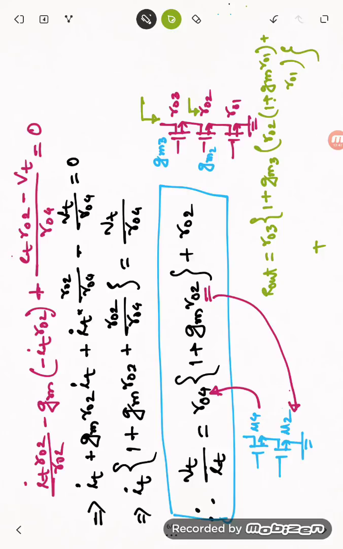Your bottom resistance is simply this one, so I can write it down: R02 times 1 plus gm2 R01, plus R01. So that's the idea. If you know this format, you can find the resistance of any number of stages. Okay, so that's all for this one. Thank you.